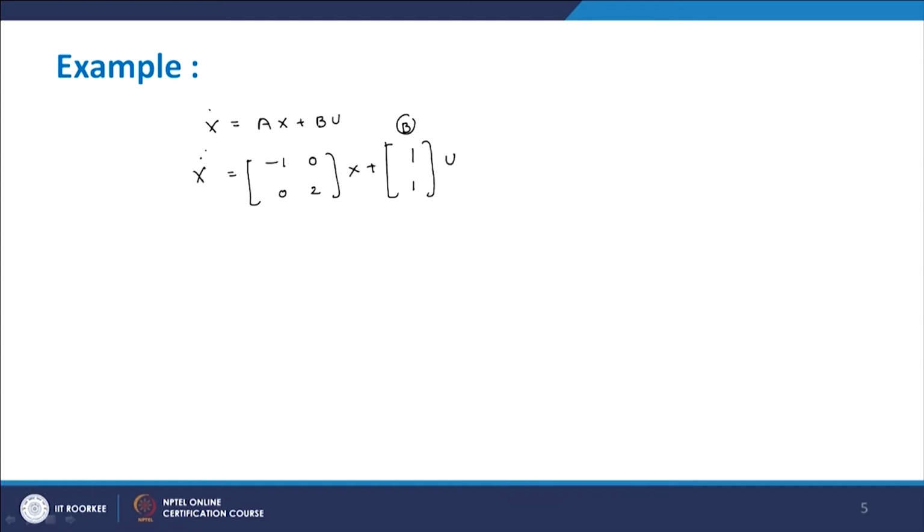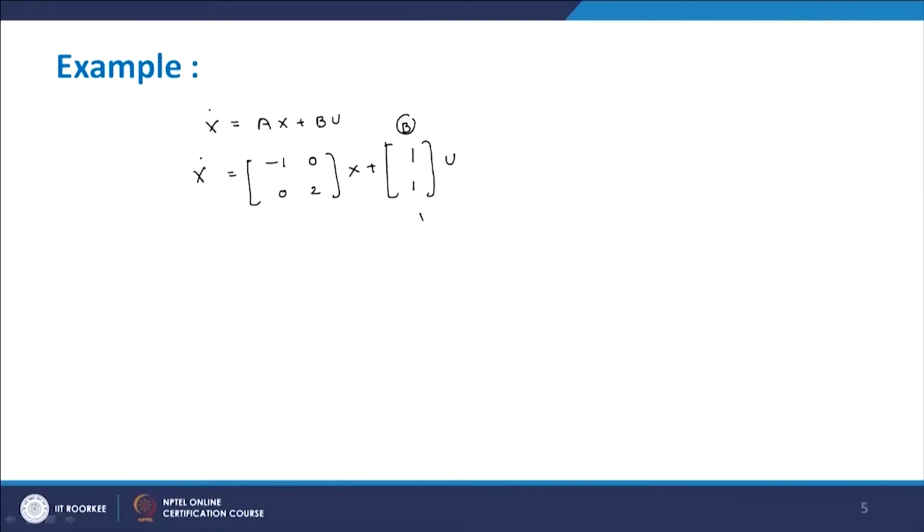So x dot equals [-1, 0; 0, 2] x plus [1; 1] u. Here this is the A matrix, in which -1 and 2 are the diagonal elements, and 1, 1 is the B matrix. We will find that this particular system is controllable because the elements are 1, 1.